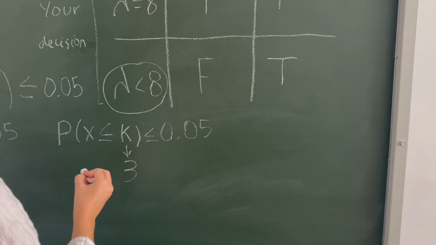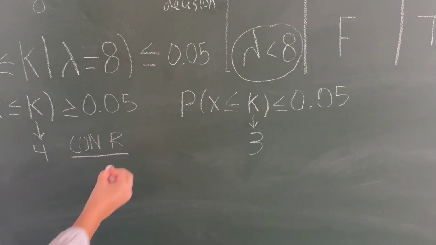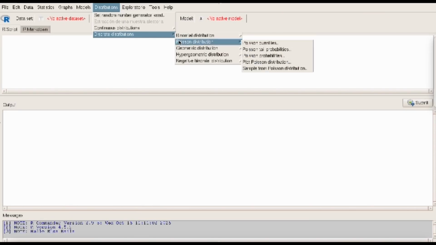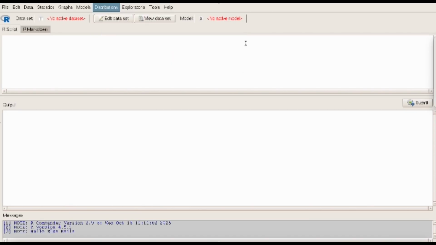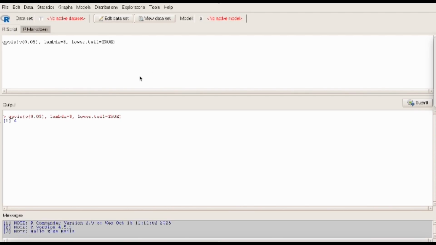So we will do that, and then we will show how we can use this result to obtain what the question is asking. We go to our calculator, to Poisson distributions, to quantiles, and we obtain that the value of k for which the probability of X lower than or equal to k is higher than or equal to 5% is 4.